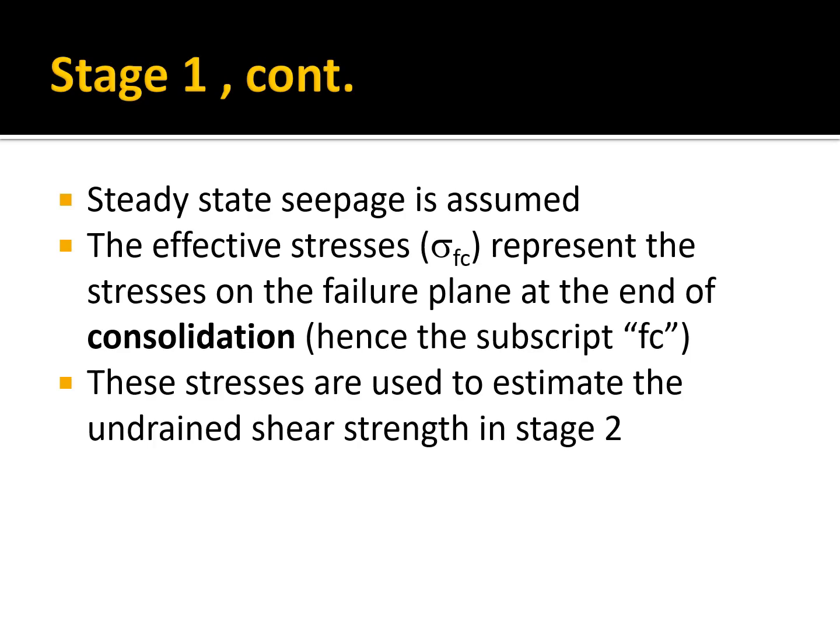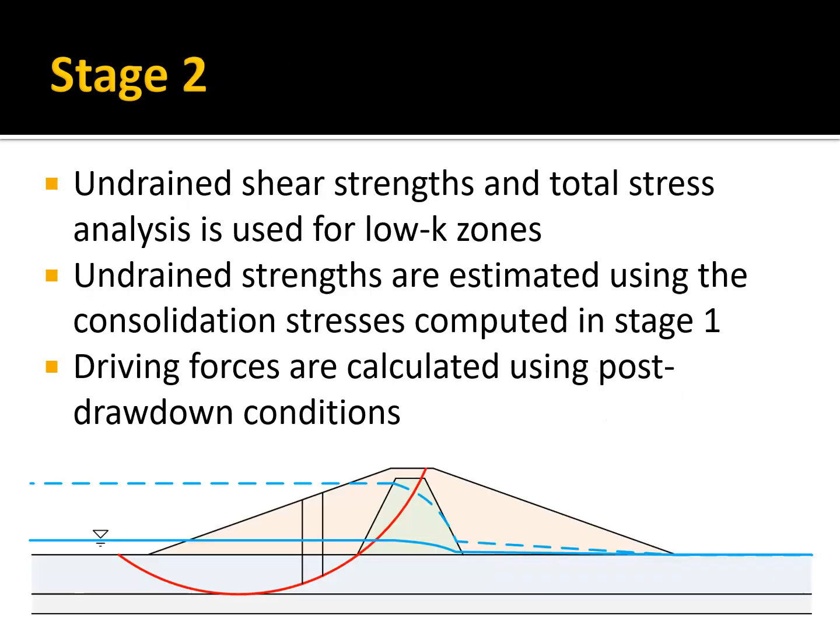And again, we assume steady state seepage if we're doing a seepage analysis. As I mentioned before, the effective stress sigma FC should have a prime on there. Sigma prime FC represents stress along the failure plane at the end of consolidation stage, and this is what we use to calculate the undrained strength in stage 2.